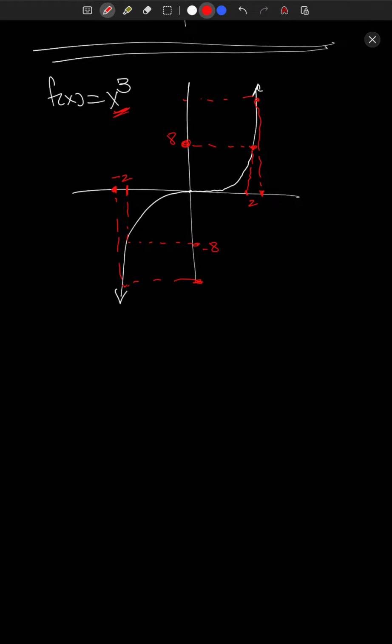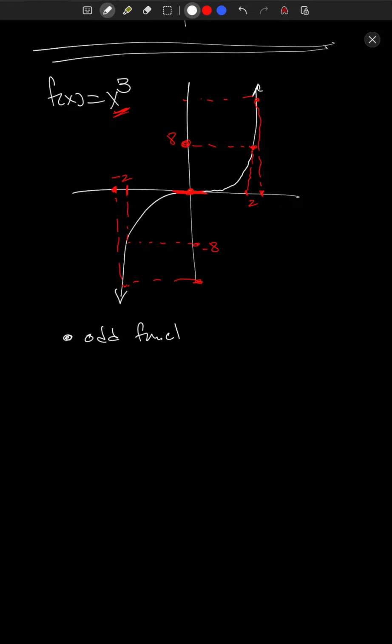This function also has an interesting feature at 0. When you plug in 0, you get the output 0. And actually, it looks kind of flat right there. That's super interesting in terms of calculus. Let me just write down here, this is what we call an odd function.